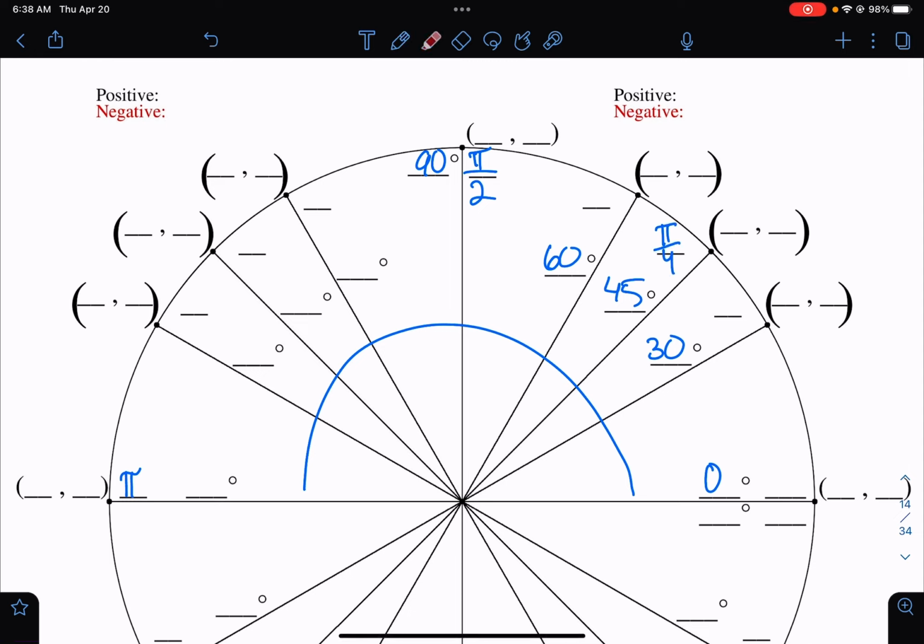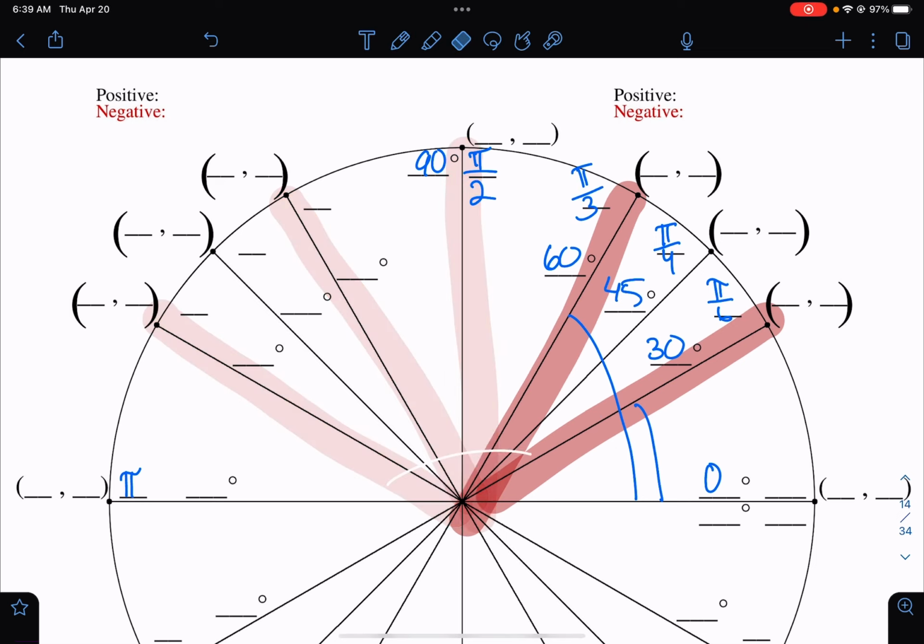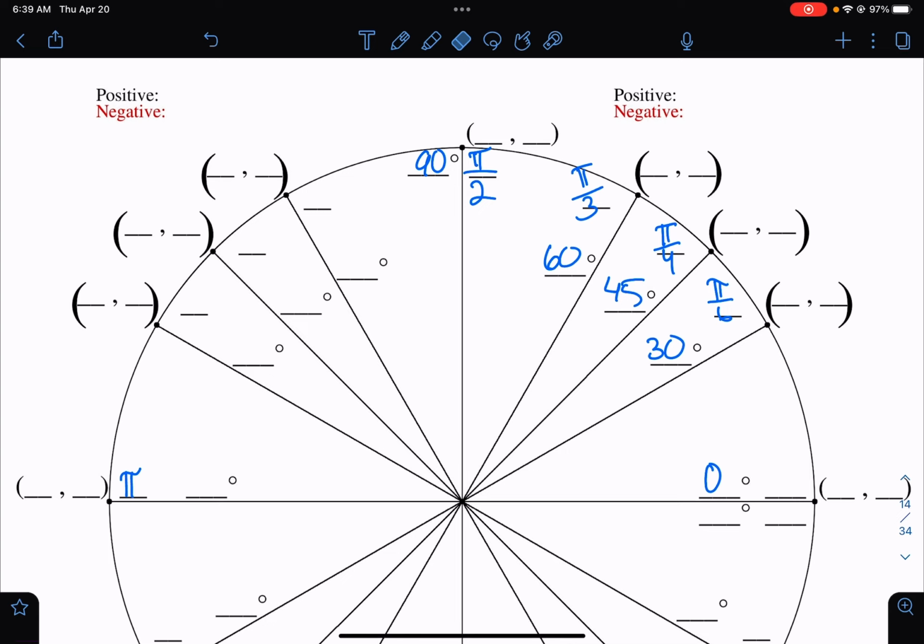And then if you think about it, if we were to break this down into sixths, which is what these markings are doing, we end up with 1/6 right here, which is going to be pi over 6. And then here we get 2/6, which is going to be pi over 3. All right. And radians and degrees are both 0 at that first point there.